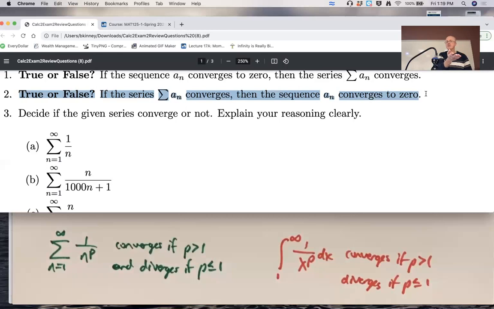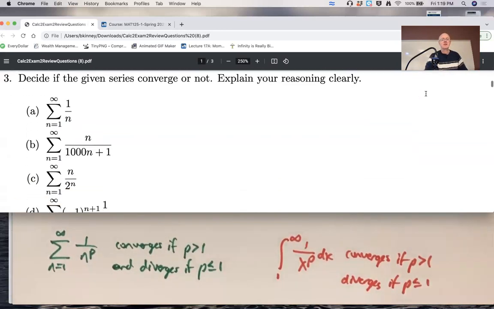This is the contrapositive of that. If the series whose terms are the ANs converges, then the ANs must go to 0. Switching around the P and the Q and negating them both. 2 really is the divergence test. At least its contrapositive. An implication, an if-then statement, and its contrapositive mean the exact same thing. And if one's true, the other's true. And if one's false, the other's false.